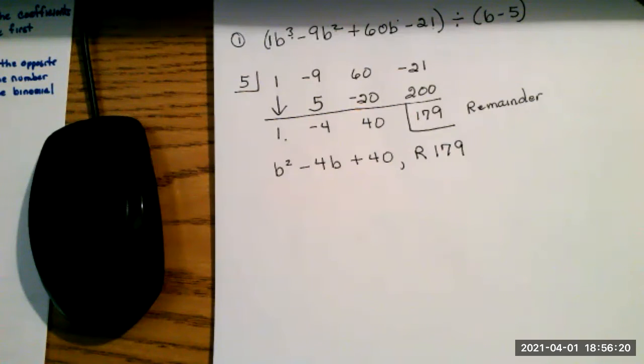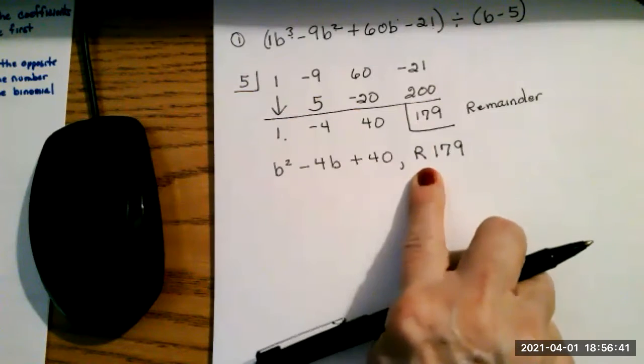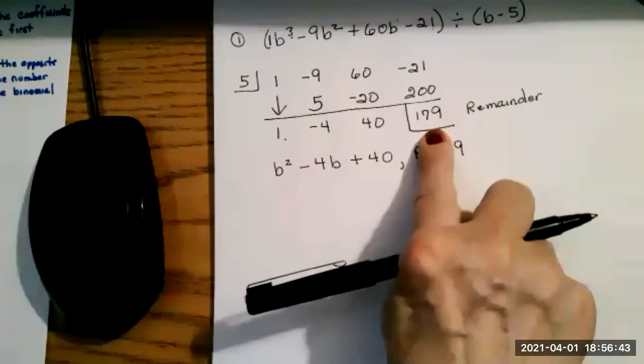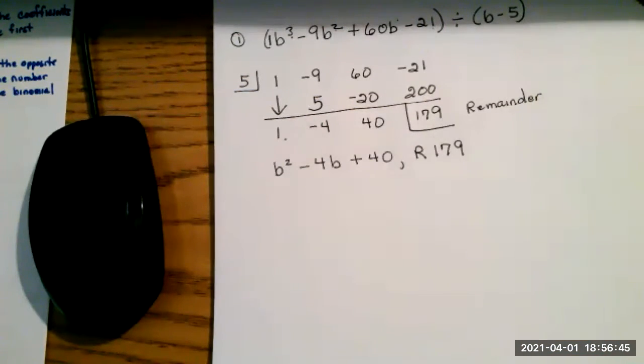So if the constant is not a 0 of the function, that's when you write the remainder. You don't have to put R0 if it's 0, but if it's any other number besides 0, they'll ask you to write it in some form, either with an R, or you could put 179 over b minus 5 if they ask for that. I think all of these are multiple choice, so you'll see which way they want it written.